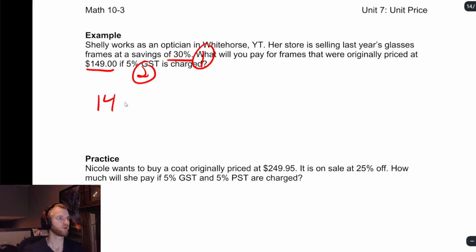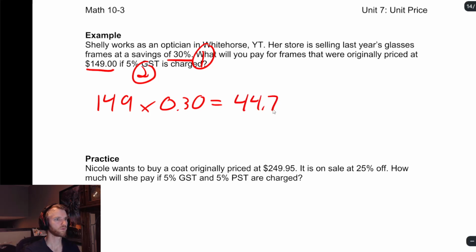So 149 times 30% as the decimal, so we divide by 100. It's going to be about 45. 149 times 0.3 is 44.7.